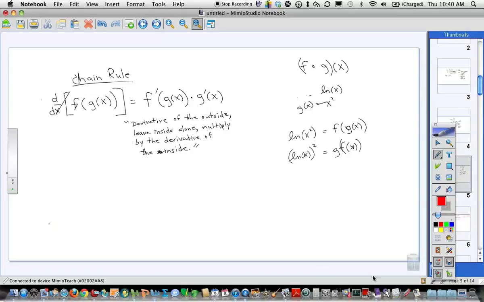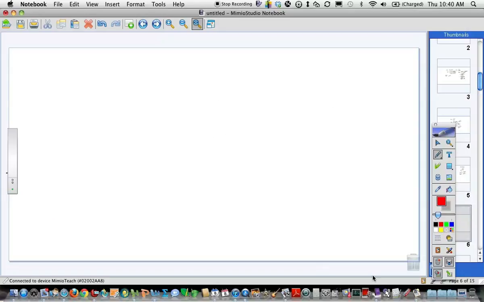So let's take a look at an example. So let's say f of x is this function right here.